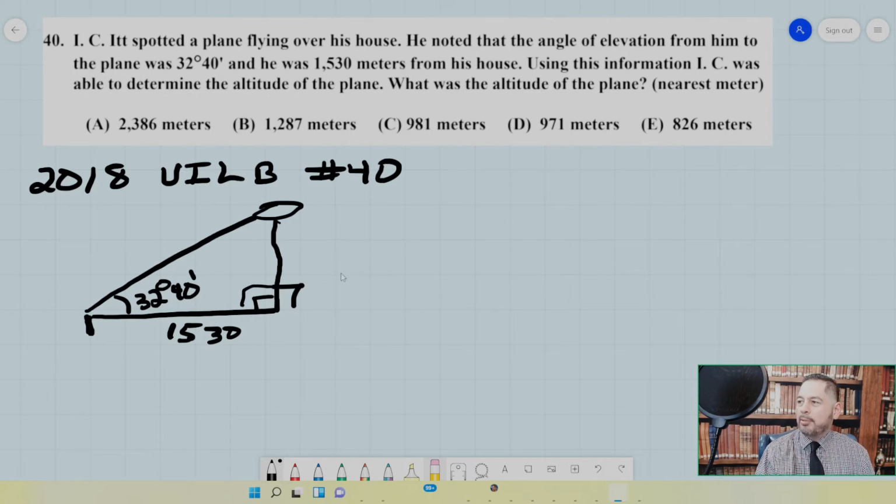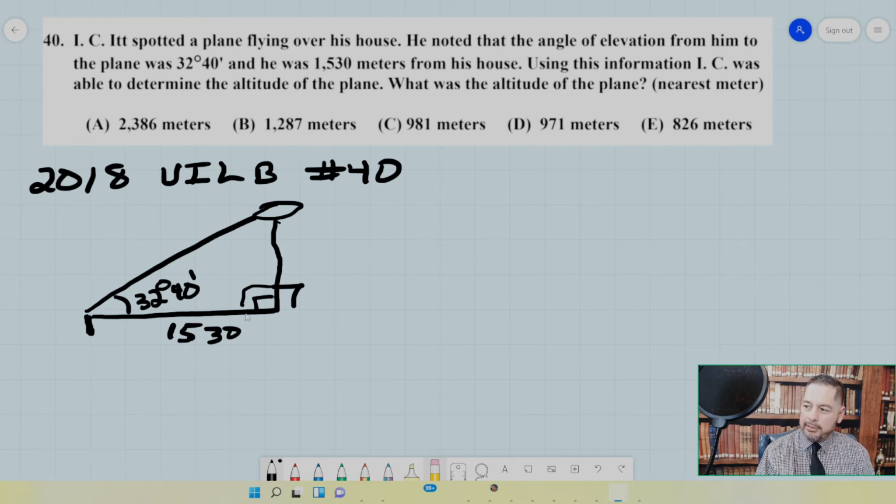So IC spotted a plane flying over his house. He knew the angle of elevation from him to the plane was 32 degrees, 40 minutes, and he was 1,530 meters from his house. Using this information, IC was able to determine the altitude of the plane. What's the altitude? Okay, so we got a right triangle here.